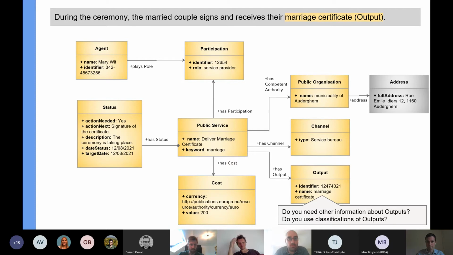Just thinking that an output could be an input for another public service or a criterion requirement. There's a use case, I'm not sure. Also, the output here, the marriage certificate, is kind of a proxy for the status of the person. So the output is that the person are married, not that they receive a paper, I would say. It's a valid comment.